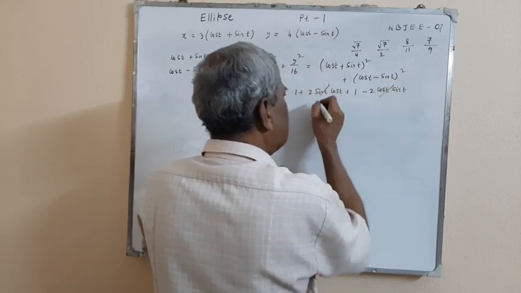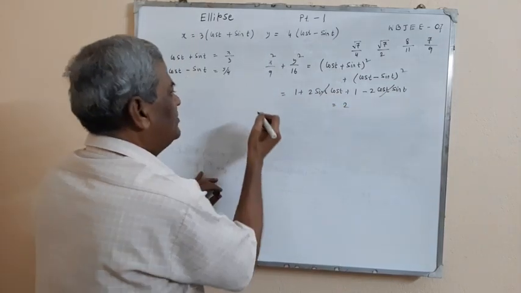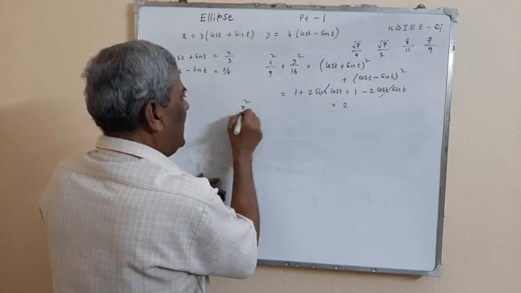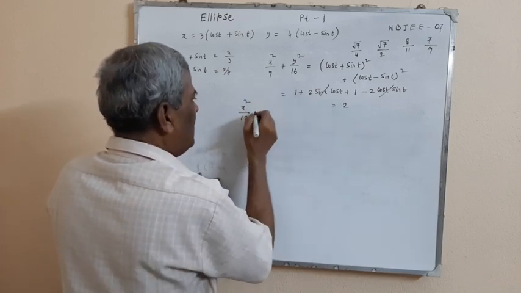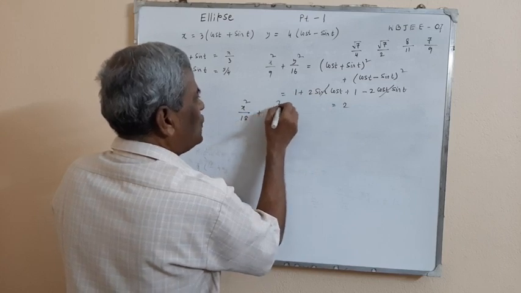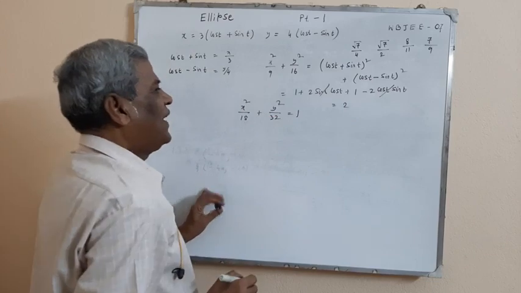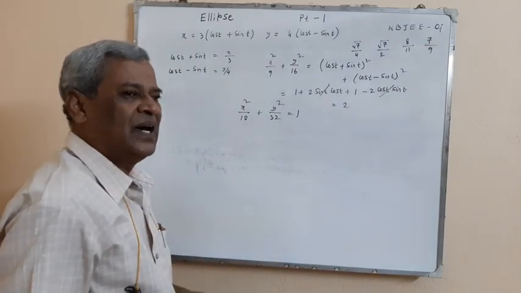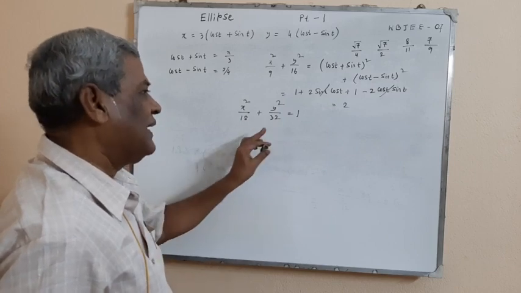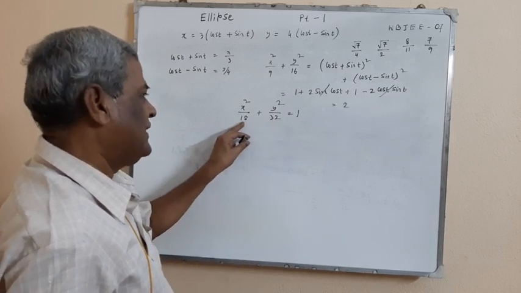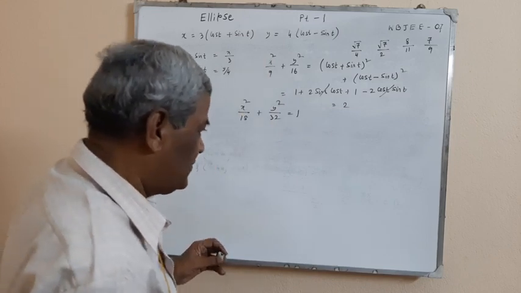So now you see they cancel, it is equal to 2. So that equation becomes x square by 18 plus y square by 32 is equal to 1. So this is the equation of an ellipse, and in that case b square is greater than a square. So we have to find now its eccentricity.